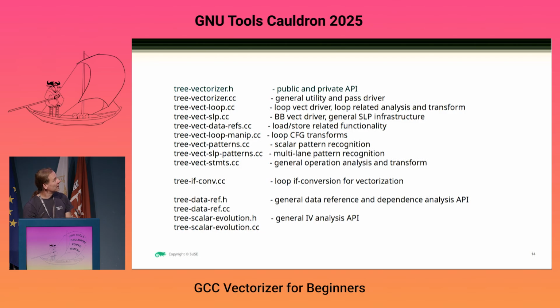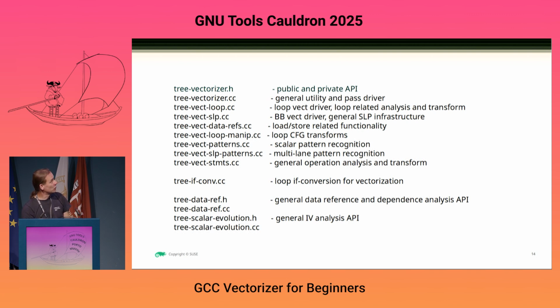So in tree-vectorizer.cc, you have some general utility functions for some kind of data structures, and also the main Gimple pass structure and main execute function, the pass itself. There are actually two vectorizer passes, one for loop vectorization and one for the non-loop vectorization.